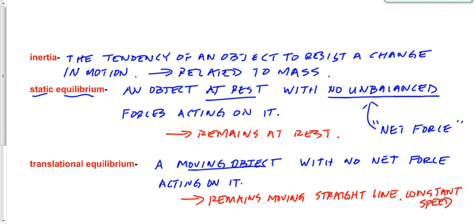If you're in equilibrium, the forces are balanced. If you're in static equilibrium, the object will continue to remain at rest. If you're in translational equilibrium, the object will continue to move in a straight line at a constant speed forever until acted upon by an unbalanced force, until there is a net force that acts on it. And no longer am I pushing one way, John pushing the other way, but rather John's the only one pushing, or I'm the only one pushing.